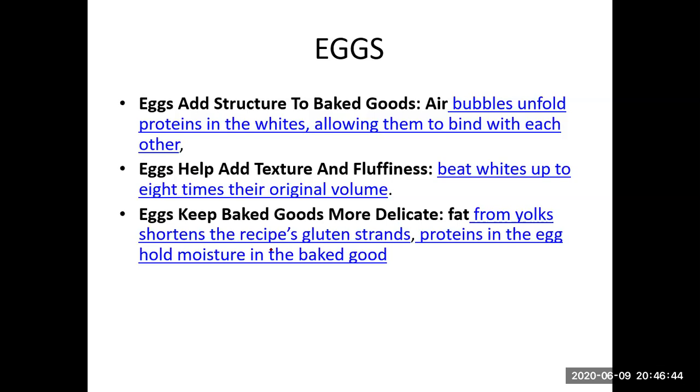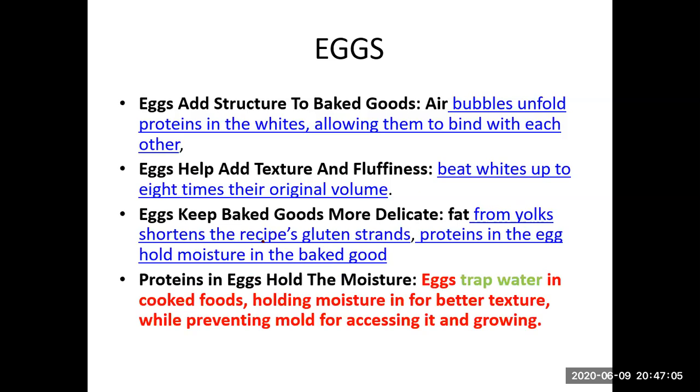Then it keeps baked goods more delicate. If you ask what delicate means, it means the product looks tasty and is softened. For example, fat from yolks shortens the recipe's gluten strength, and protein in the egg holds moisture in the baked goods.